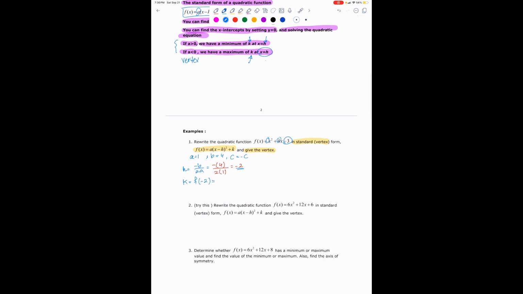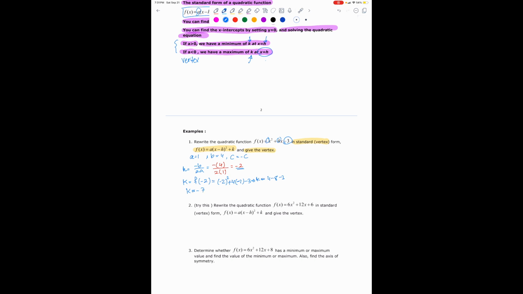So this is going to be negative 2 squared plus 4 times negative 2, don't forget your parentheses, minus 3. This will lead to k is equal to 4 minus 8 minus 3. And that gives k equals 4 minus 8 is negative 4, minus 3 is negative 7.